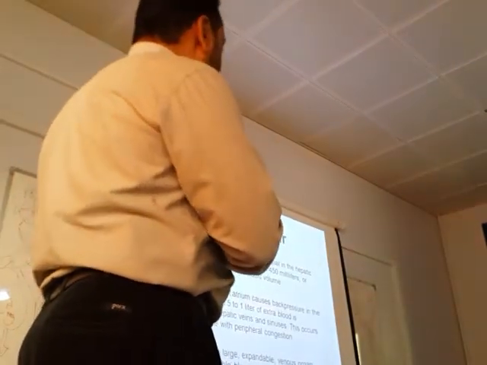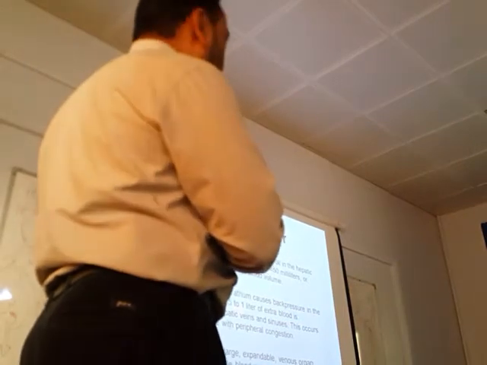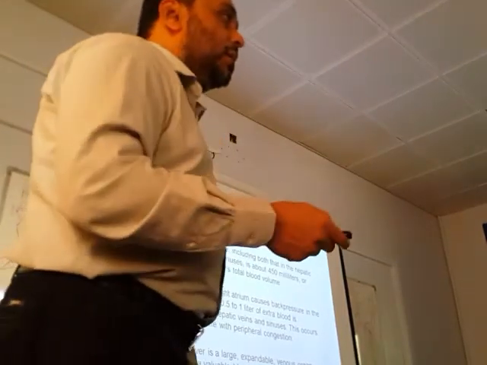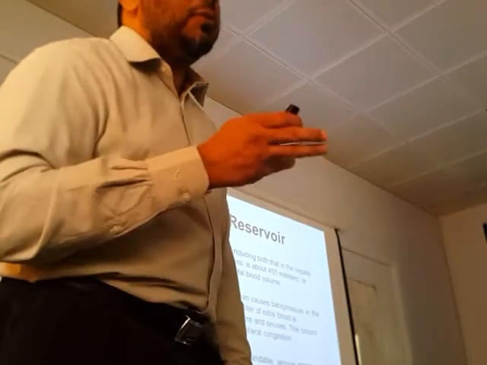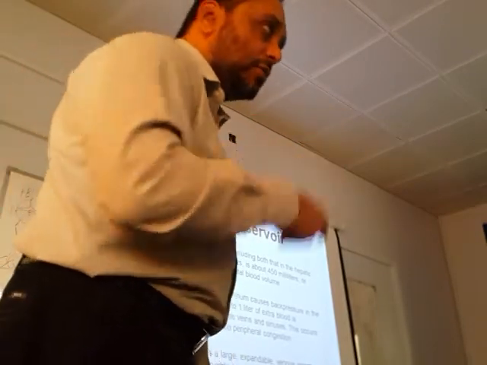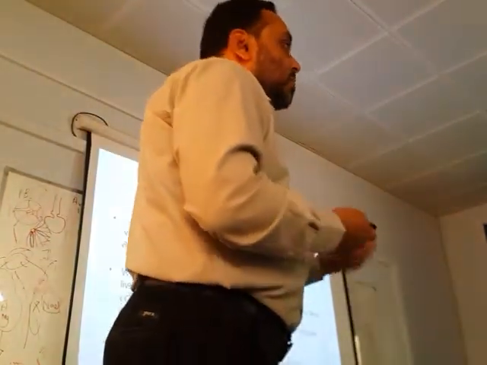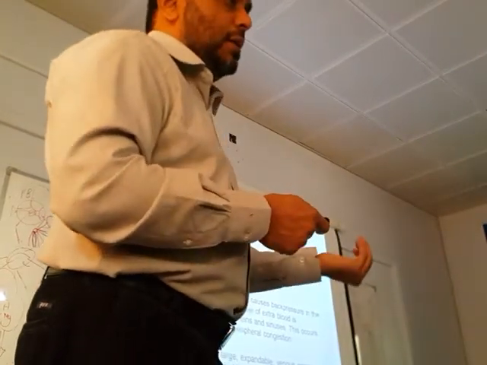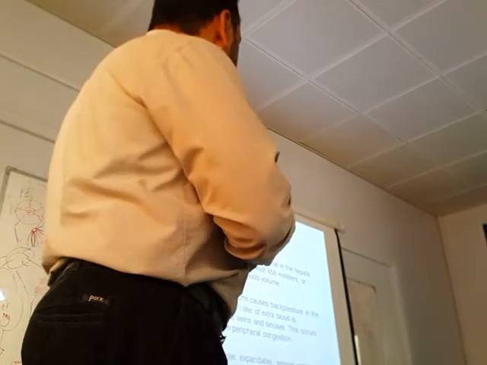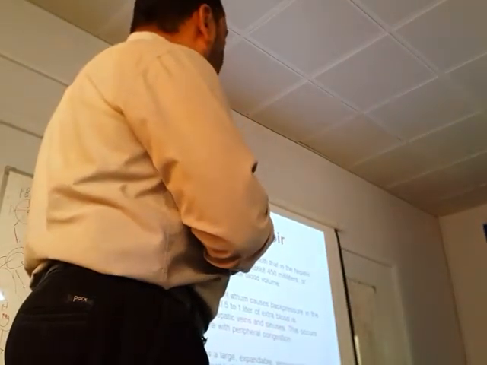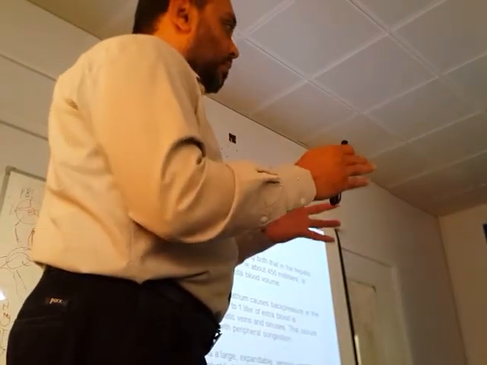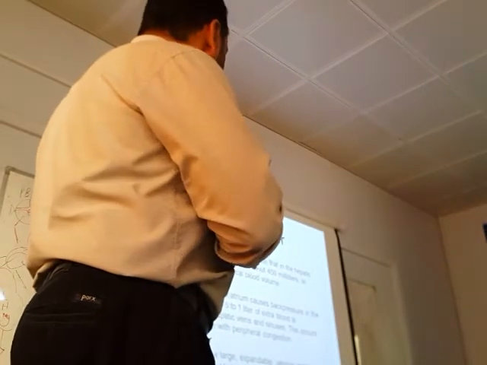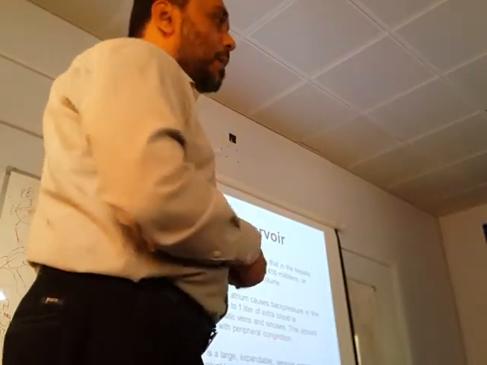High pressure in the atrium causes back pressure, and the liver will expand. Normally, like we have seen, about half a liter of blood is there. But in such a situation, almost 1 liter or maybe 1.1 liters can be accumulated in the hepatic veins and sinuses. It will expand. This occurs especially in cardiac failure with peripheral congestion.